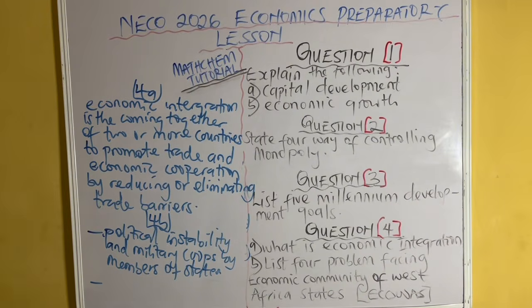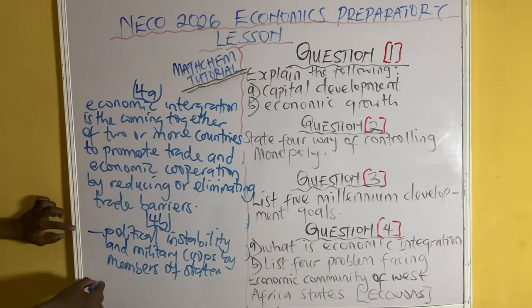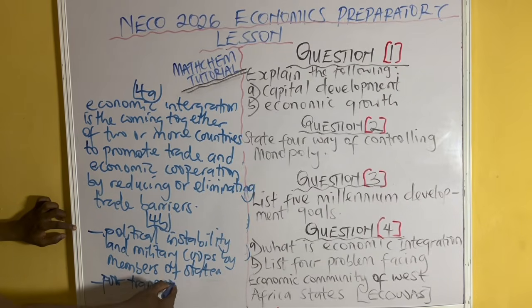So another problem they are facing is poor transportation and communication network. That's number 2.